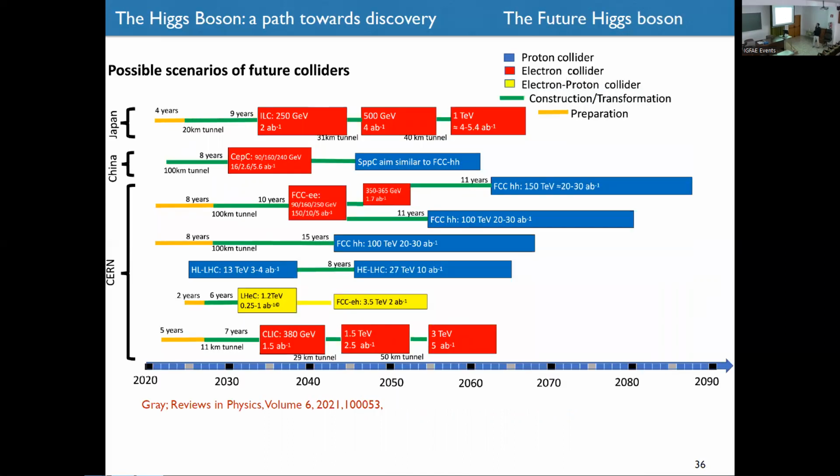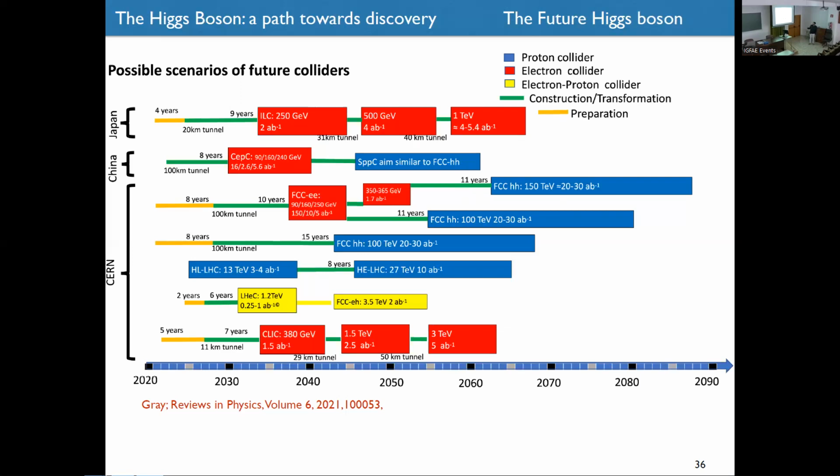I'd like to conclude by talking about the future. So I talked about the past and the present. Where are we going? Well, the community has a lot of interesting ideas for possible new machines that can test the standard model, and in particular the Higgs. The high luminosity LHC here is the only one that I think is probably confirmed 100%.